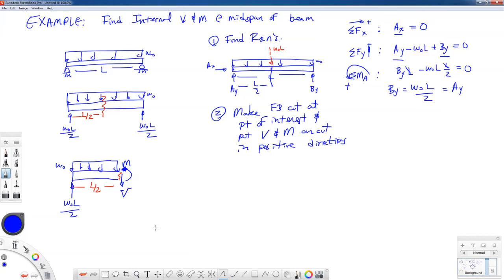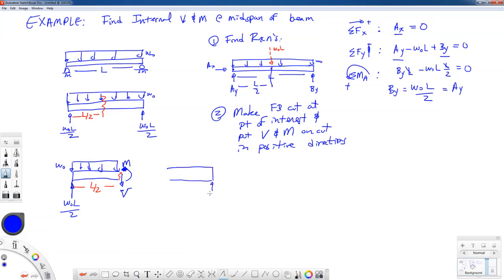Now whenever we make a free body cut, we are completely free to choose which half of the beam we look at. In this case, we looked at the left half, and we drew those reactions accordingly. Instead, if we want to look at the right half, on the right side of the cut, let's go ahead and draw that free body diagram too.